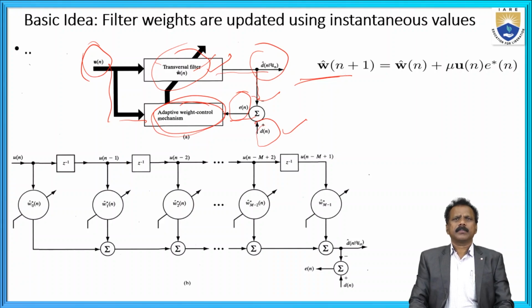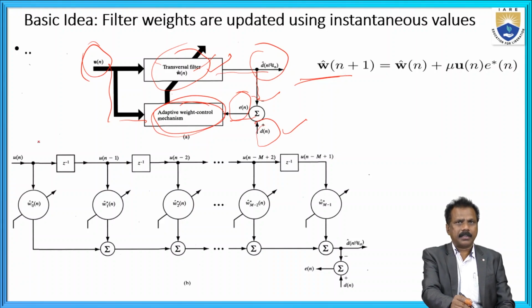From that diagram 1, and compare these two, we have to verify that v of n is given to that z power minus 1. After that, we will write u of n minus 1. Here it is given to that z power minus 1.